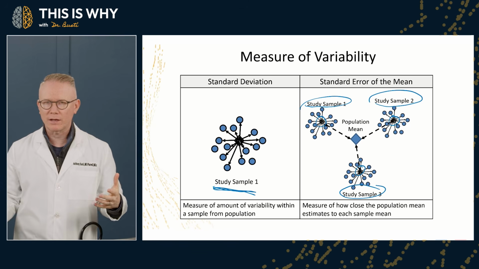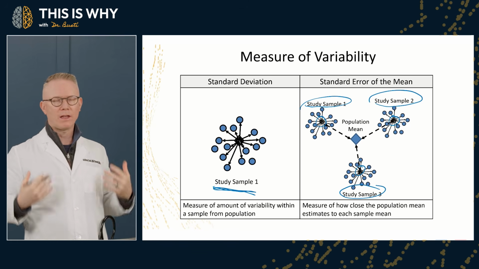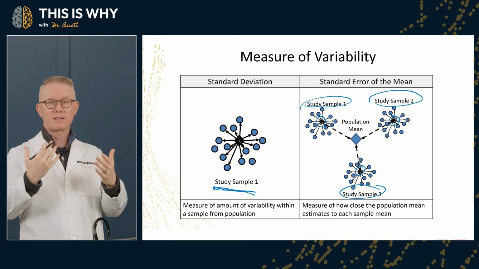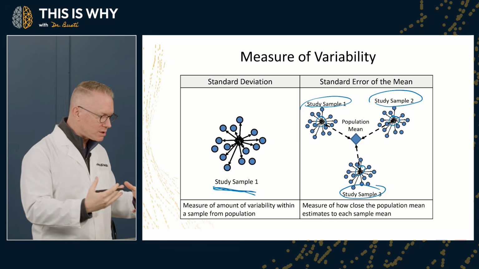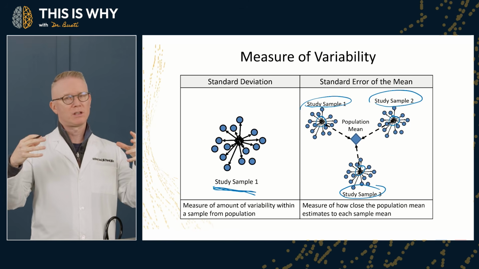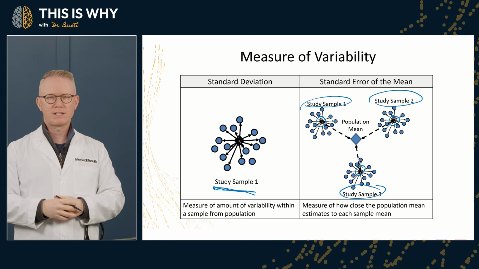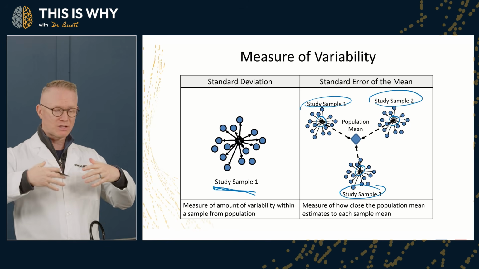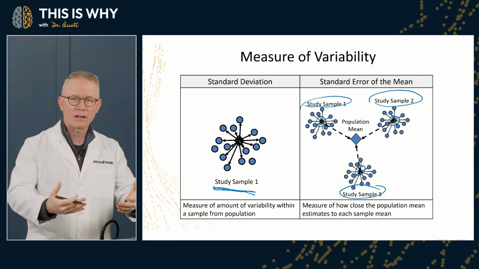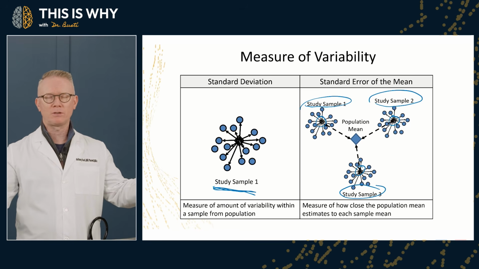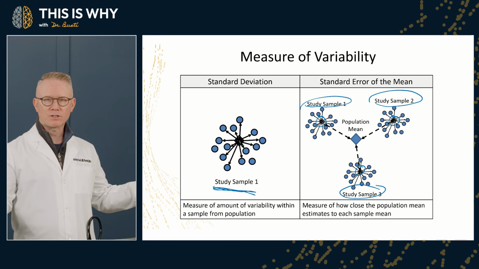Because theoretically, if you appropriately acquired your sample, they should look similar. You want them to be close. We want small standard deviations, and we want smaller standard errors of the mean, because then that means our sample is more likely looking like the general population that we need to apply it to. And that's why it matters.